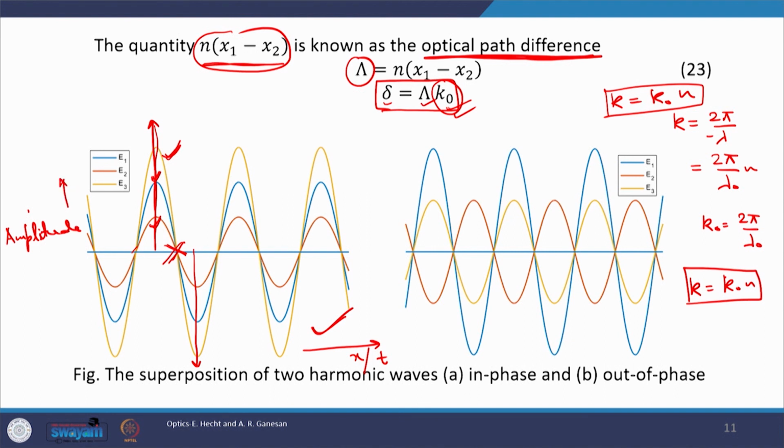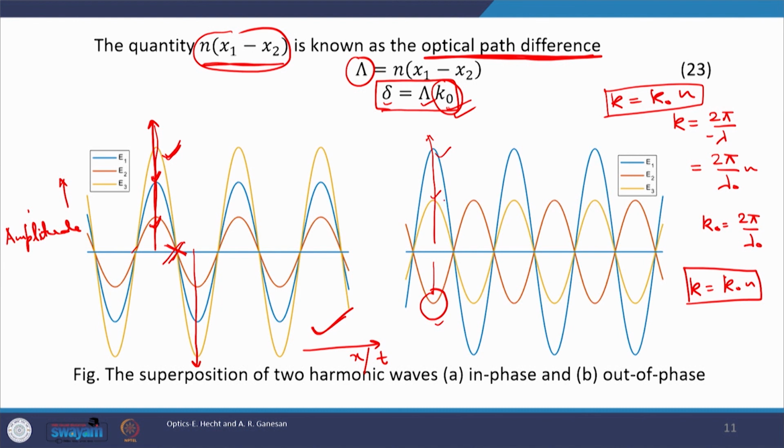Now, suppose one of the waves out of E1, E2 and E3 is out of phase by 180 degrees. Then what will happen? Suppose this red one in this right figure is out of phase, then you can see that when the green and yellow waves have their peak, the red one is having its dip. The peaks in the first two waves coincide with the dip of the third one.